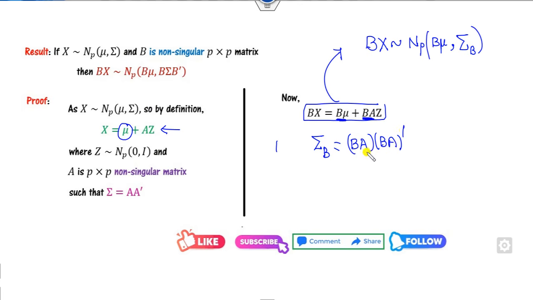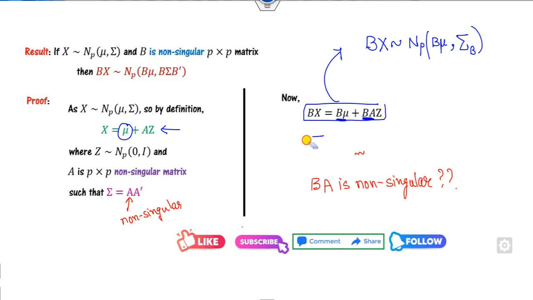This will happen only if you prove that BA is non-singular. Remember, this A is non-singular. Then only you can define sigma. So is it given that BA is non-singular? No. So you have to firstly prove that. Once you prove that BA is non-singular, then your result will be over.